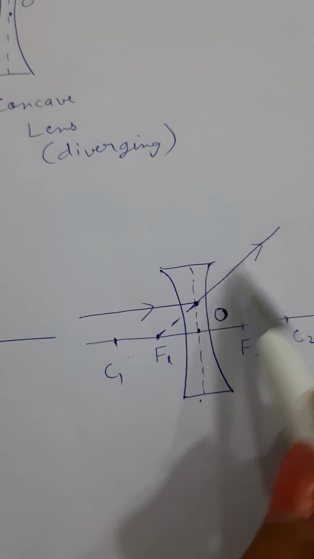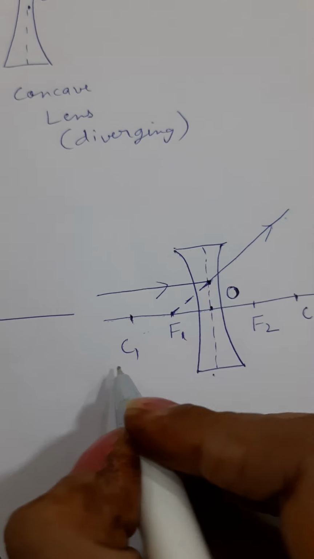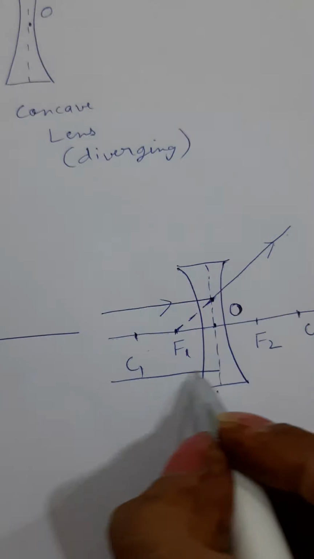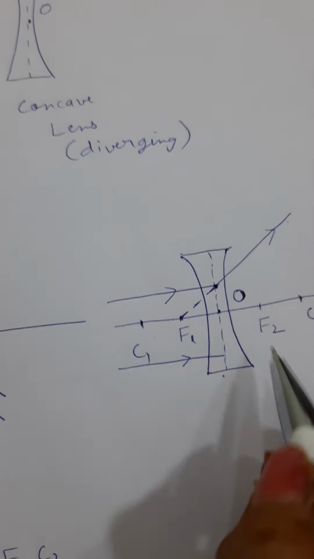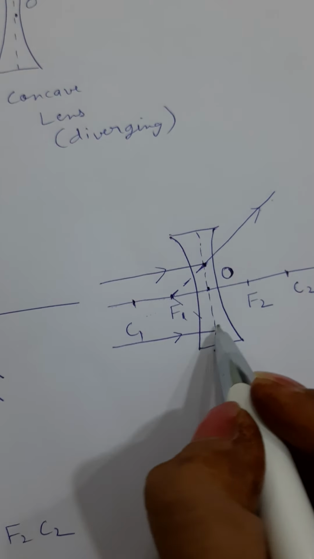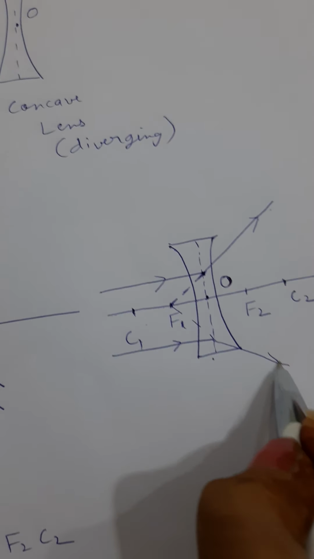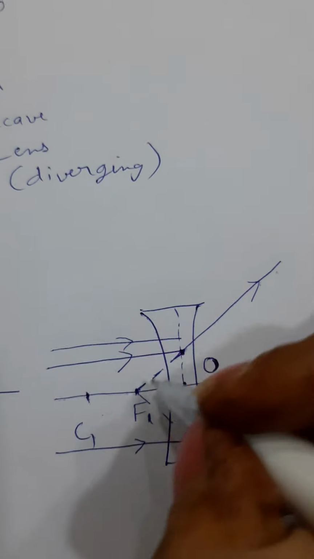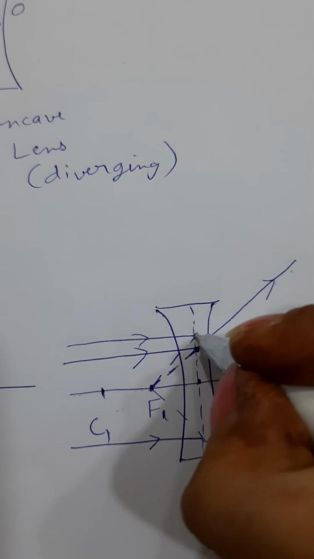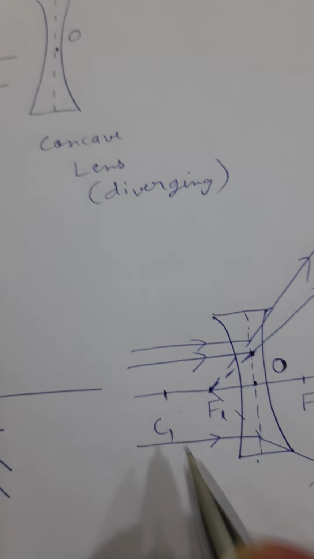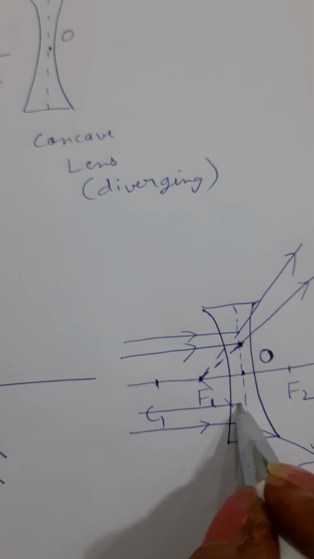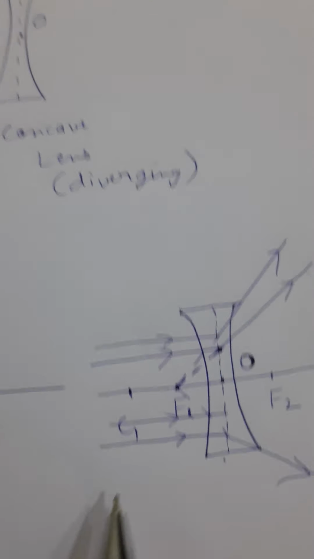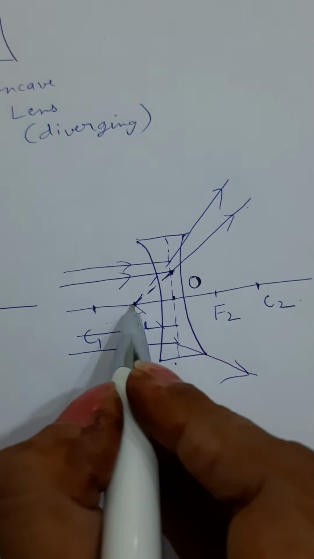This is incident, this is refracted, this is incident and this is refracted. Two more you can draw, one is this, suppose it will appear to meet at F1. You can see I am always drawing the apparent portion first so that you will get an appropriate diagram.